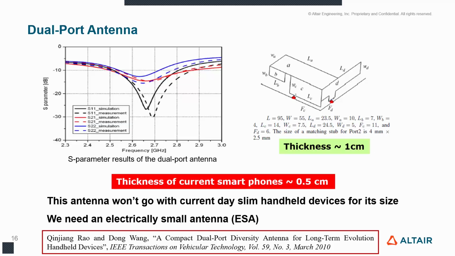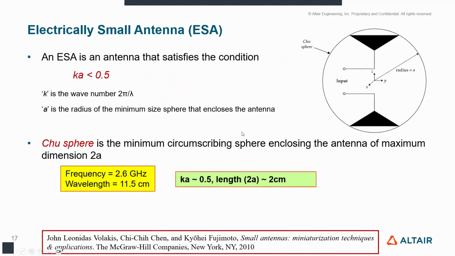Basically, we will need an electrically small antenna that can fit within the handheld electronic device. And because I said an electrically small antenna, what would be an electrically small antenna? It can be defined using this parameter called ka. If that value is less than 0.5, it's classified as an electrically small antenna.